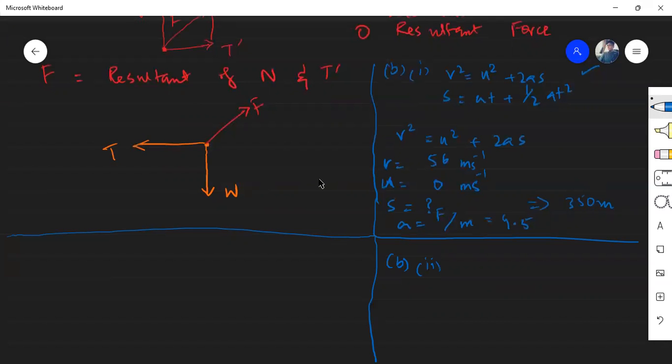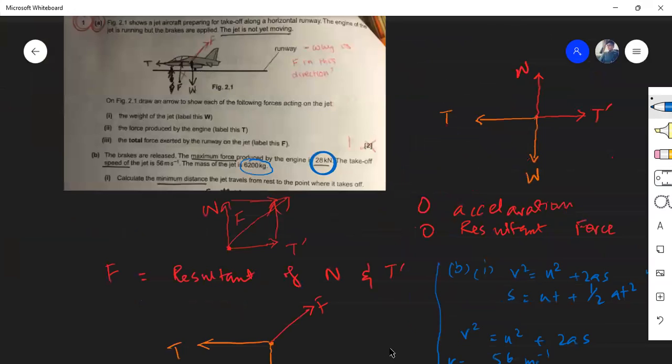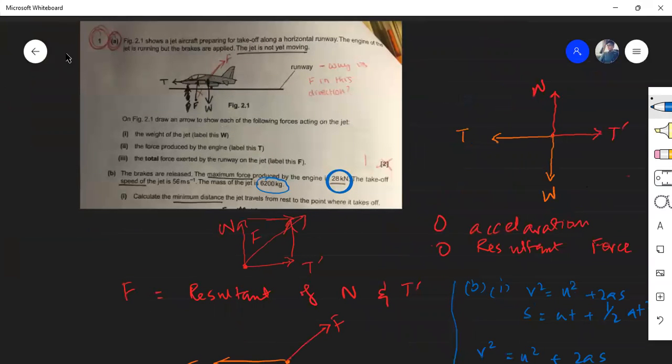Can there be any forces acting on a plane? This is a plane moving in this direction, and we've accounted for this force, normal force F, and the force that acts against the movement, which is T prime.